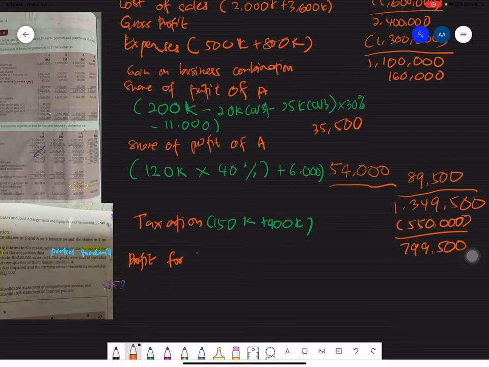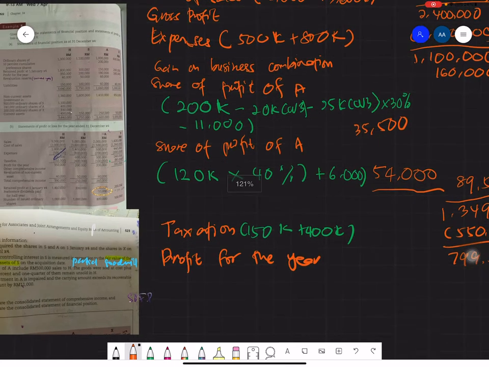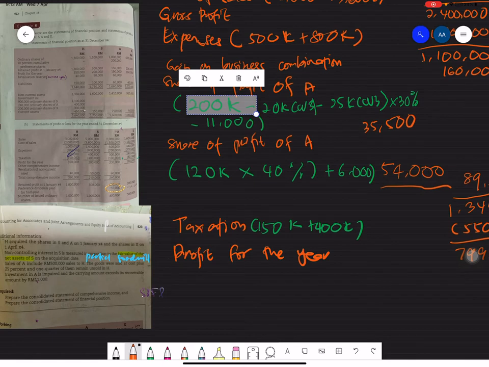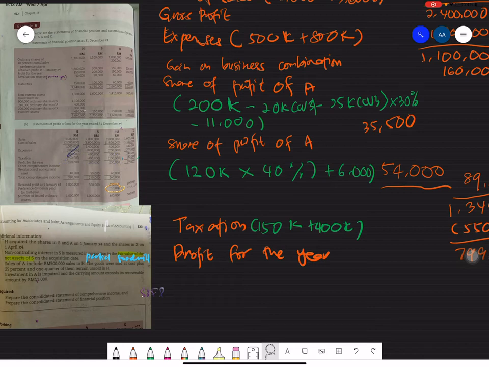Profit for the year. And then after that, if you look through the example again, after profit for the year, we have other comprehensive income, which is revaluation.